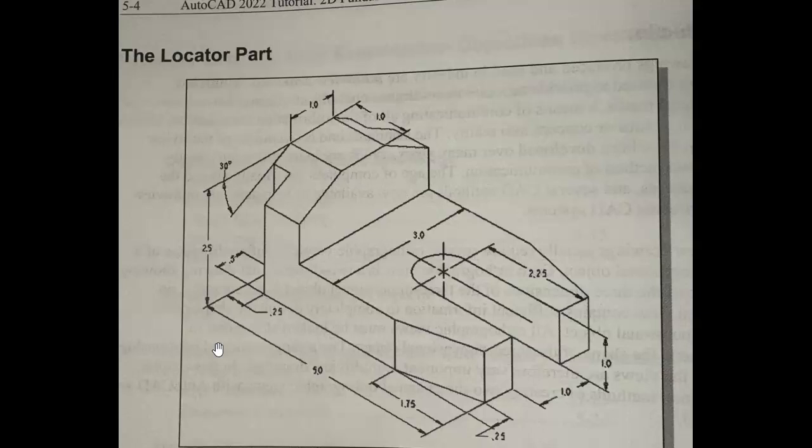See if you can find where you were given the depth dimension. Typically we're going to be looking over on this side. We do see some dimensions, but they're not giving us the overall depth. We're seeing a 0.25 dimension; that's for this little cutout.